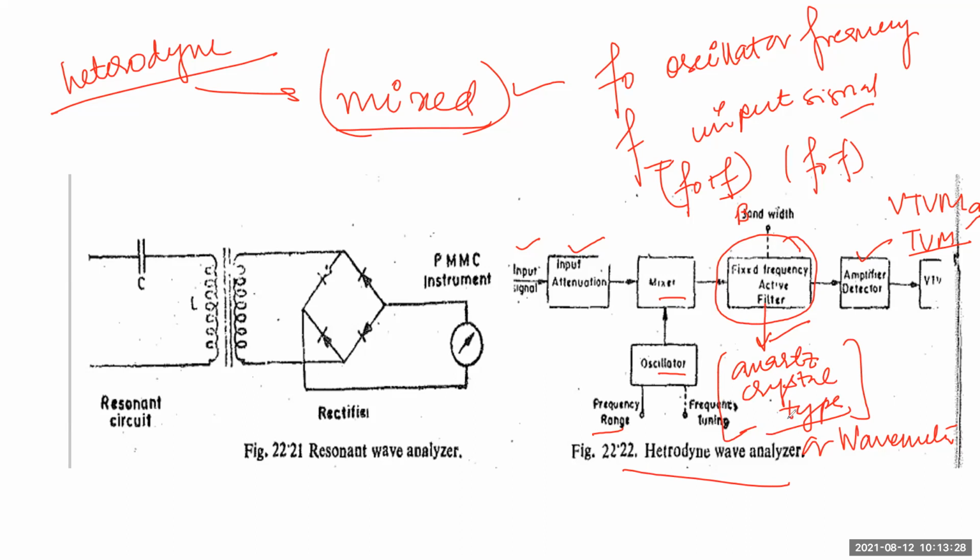The output meter employed is usually a balance bridge, called VTM or TVM.